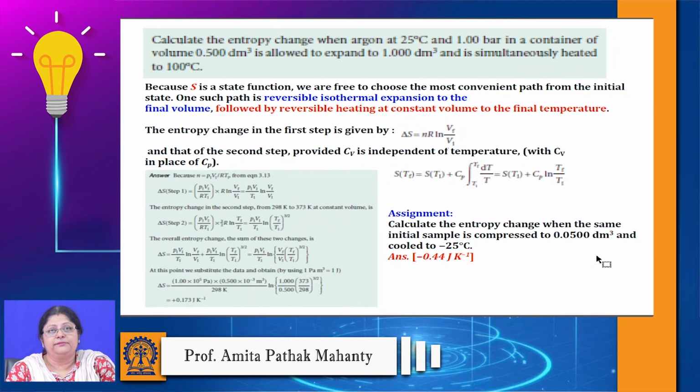And in the second part, I leave the volume constant at 1 dm cube and compute the change in temperature. I can do that.